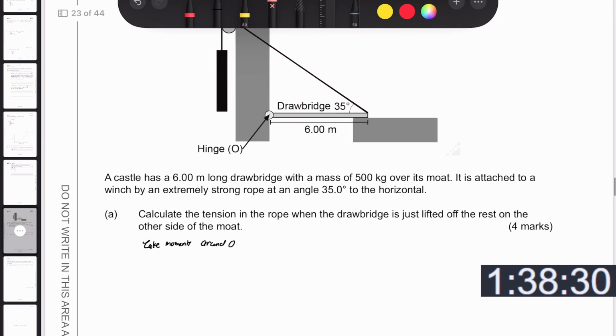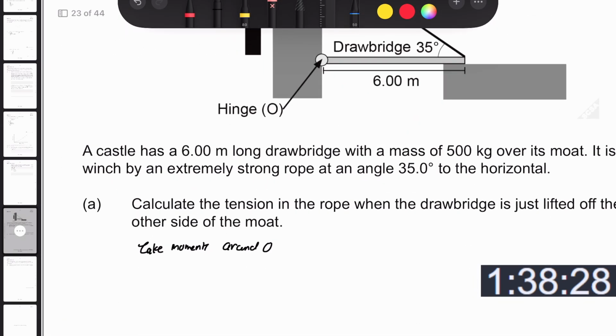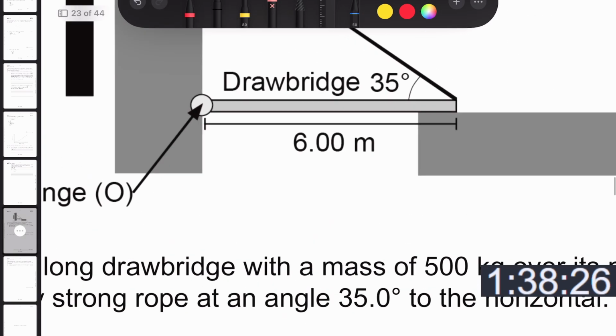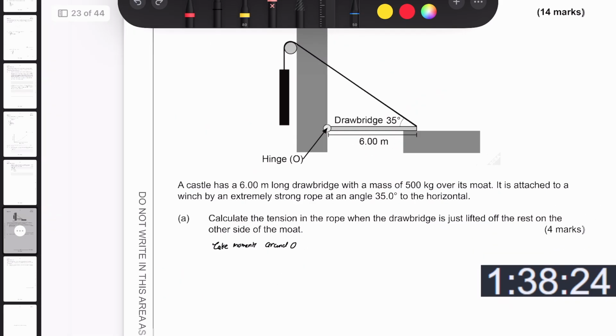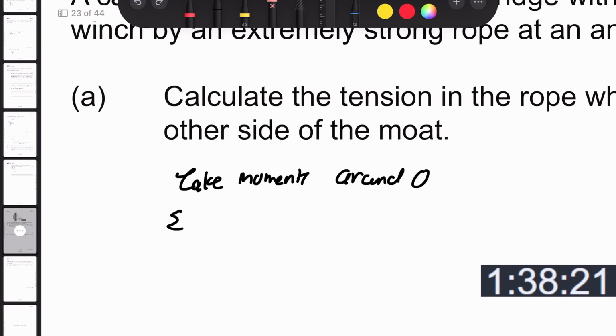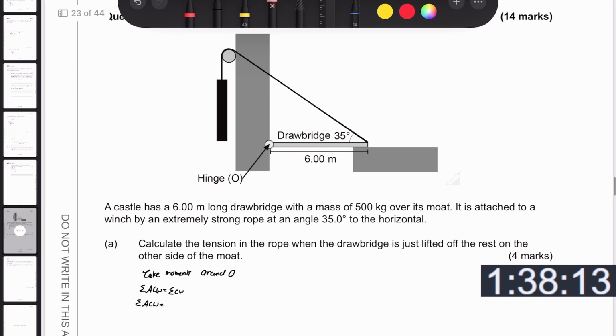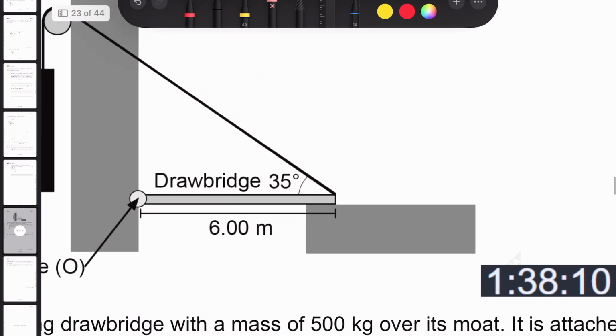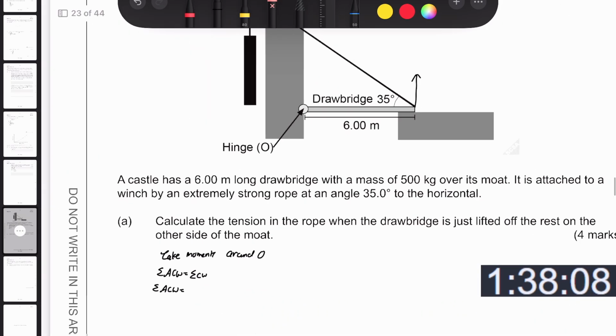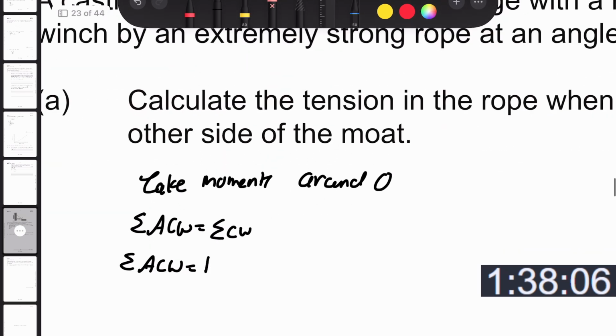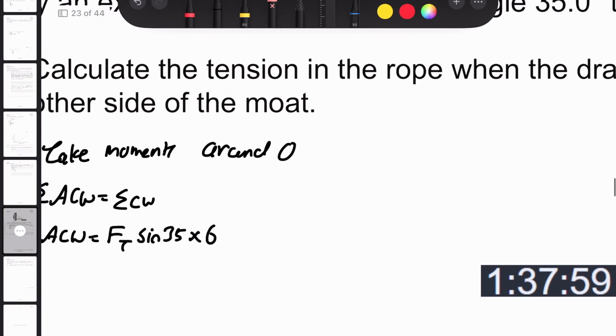So take moments around O. Anti-clockwise moments equal clockwise moments. Anti-clockwise is going to be the tension. So we're going to have some force of tension up, so force of tension times sine of 35, and the radius will be 6.